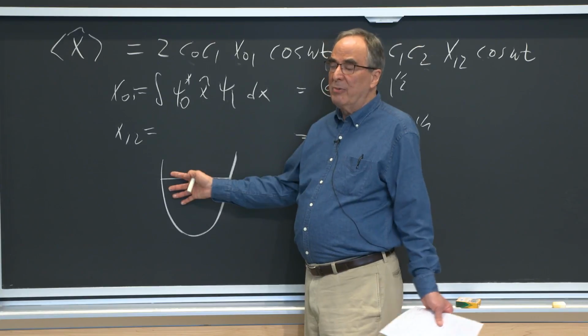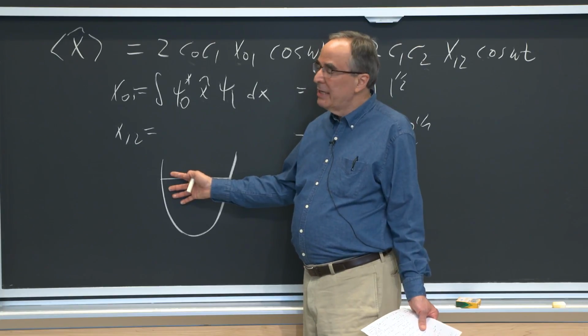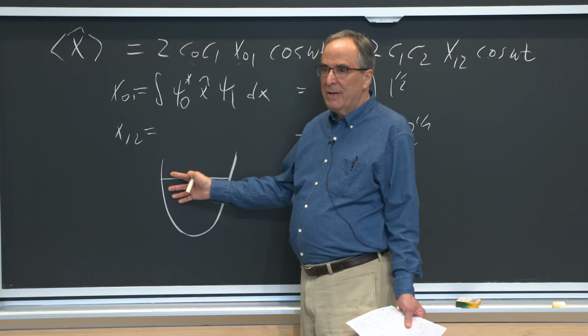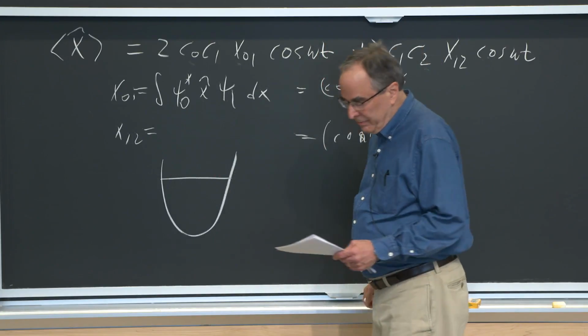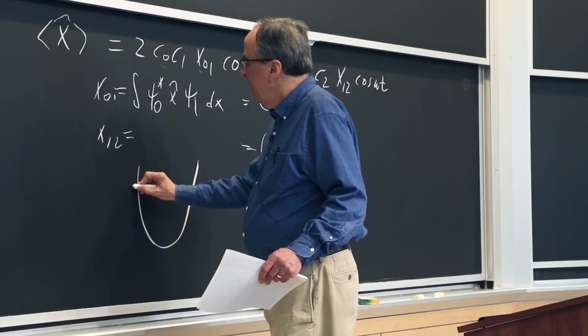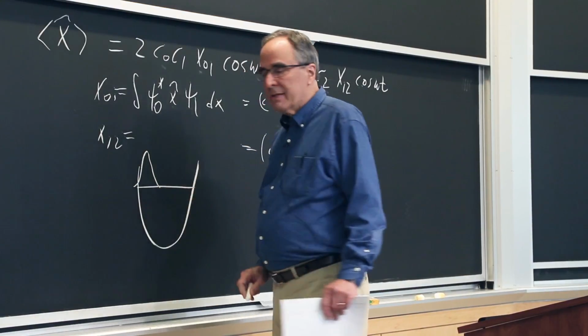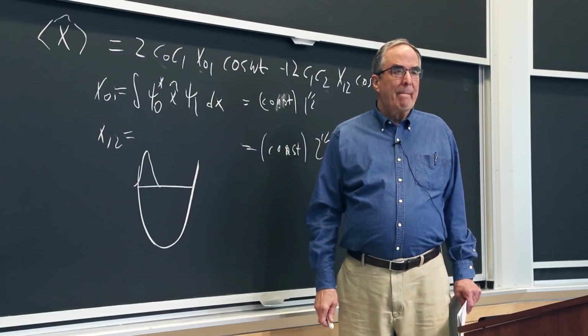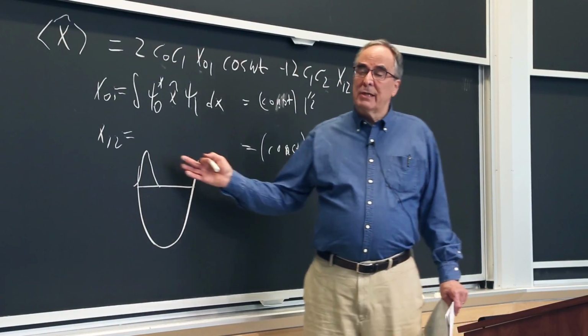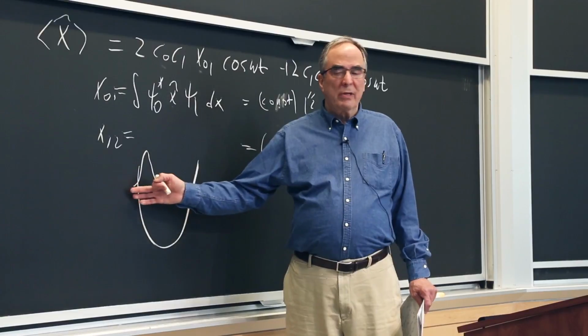You can evaluate the energy by taking the expectation value of the Hamiltonian. So what we've made at t equals 0 is something that looks like this. It's localized on the left side, or more localized on the left side.